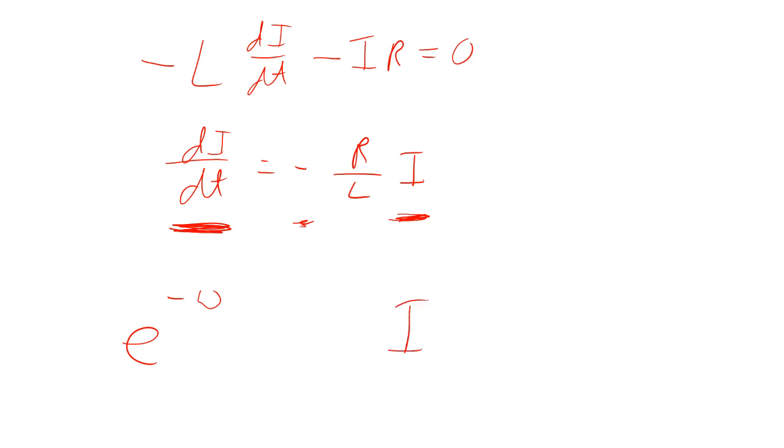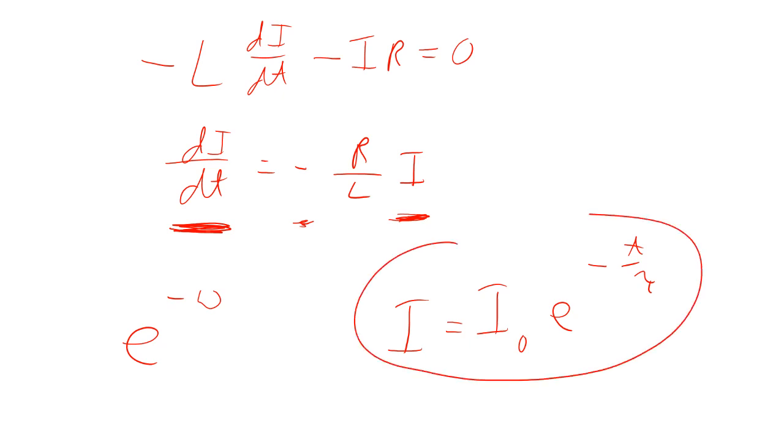We're going to say that I is equal to some I naught e to the minus t over tau, the same solution, and tau in this case is equal to L over R. That's going to be the time constant. This is exactly analogous to the capacitor case. So the current drops off over time.